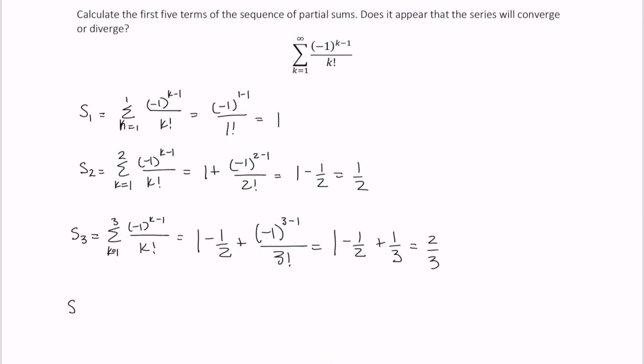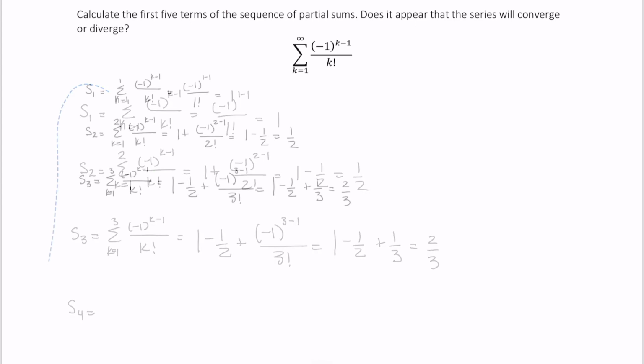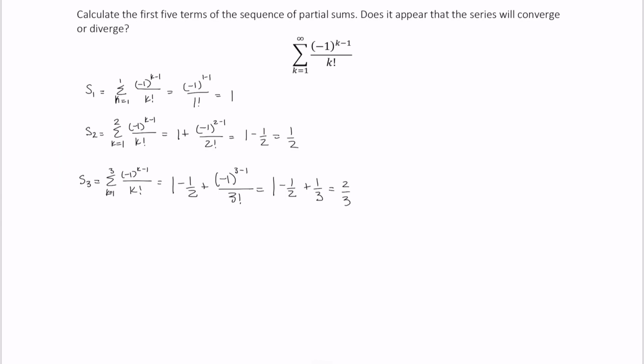Now let's do one more. Actually, I asked for 5, so let's do 2 more. As you can see, I went ahead and made some space so I can fit the last 2 partial sums, and I'll shrink them down to match the same size when we're done. The fourth partial sum, again, is a finite sum from 1 to 4. The expression remains the same.